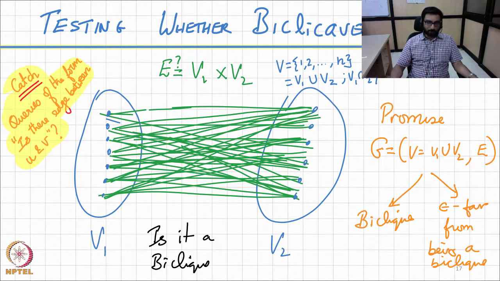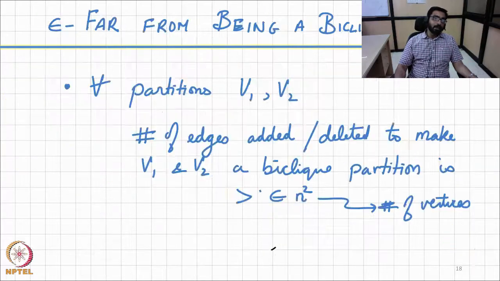It's more like a giant matrix, and so we can ask the question, is there an edge between vertex U and vertex V? And using queries of that type, we should be able to answer this question of whether the graph is a biclique.